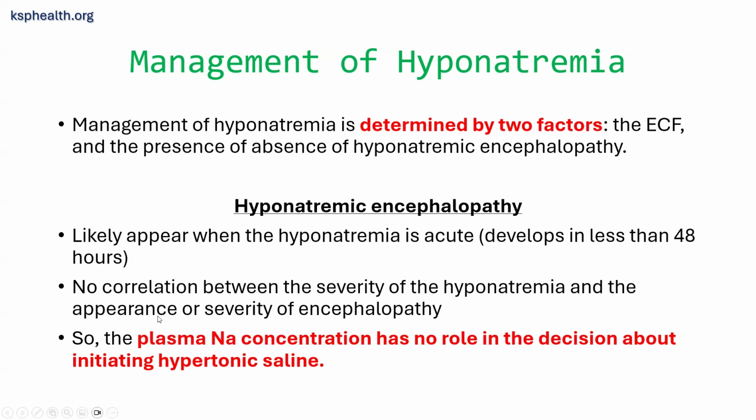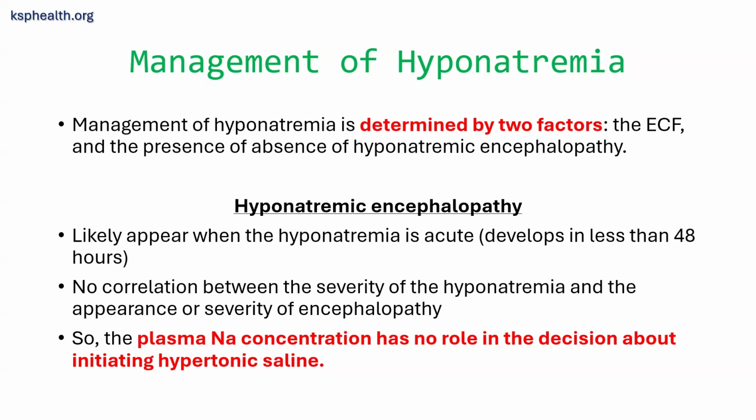There is no correlation between the severity of hyponatremia and the severity of encephalopathy. So, the plasma sodium concentration has no role in the decision about initiating hypertonic saline. If the patient has hyponatremic encephalopathy, you do need to treat with hypertonic saline. The absolute number of serum sodium doesn't have any value.